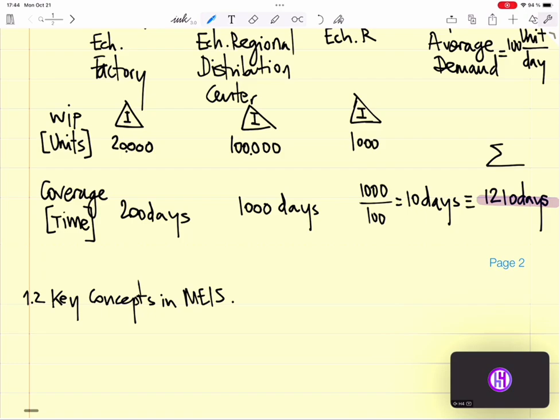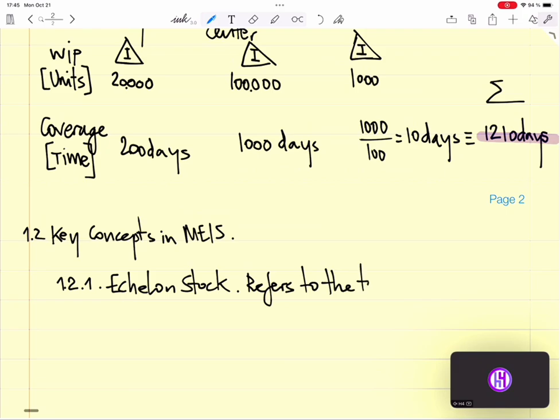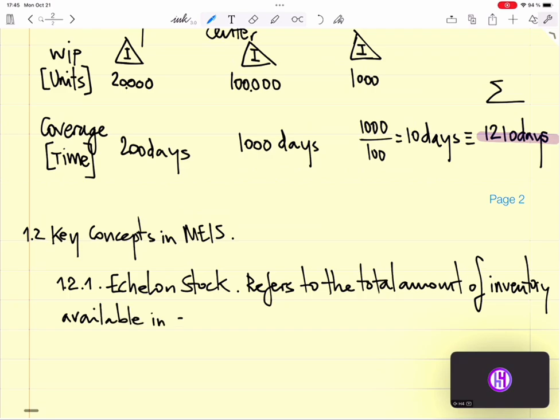So to manage these complexities, we introduce the following key concepts. 1.2.1 echelon stock refers to the total amount of inventory available in all locations upstream of a particular echelon.